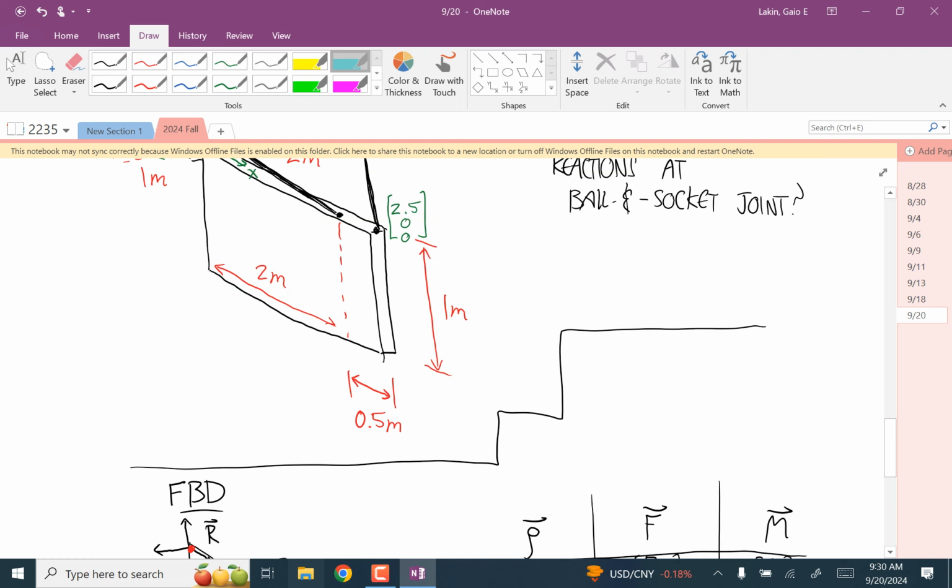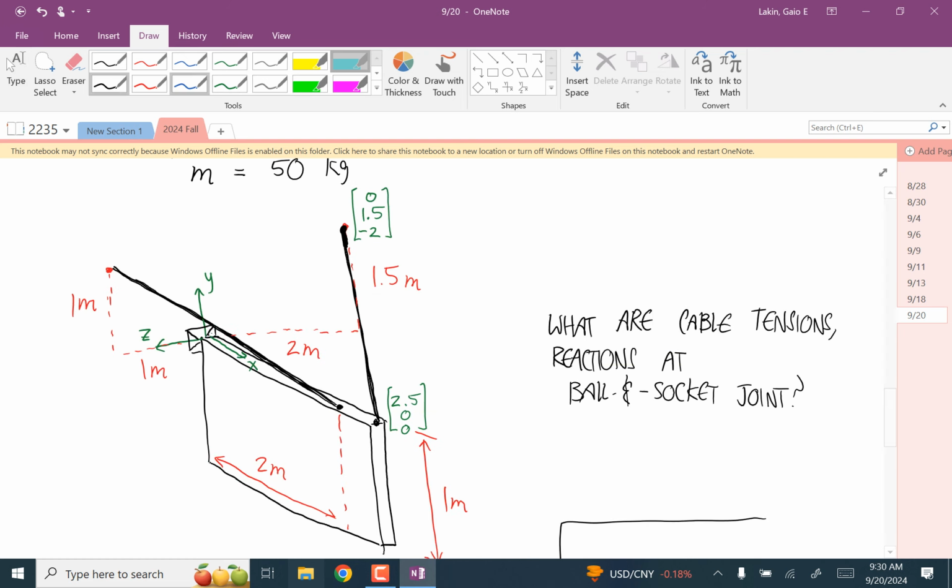For that force, we want to get the coordinates of the connection point of this second cable. So that is going to be 0 for x, positive 1 for y, and positive 1 for z.